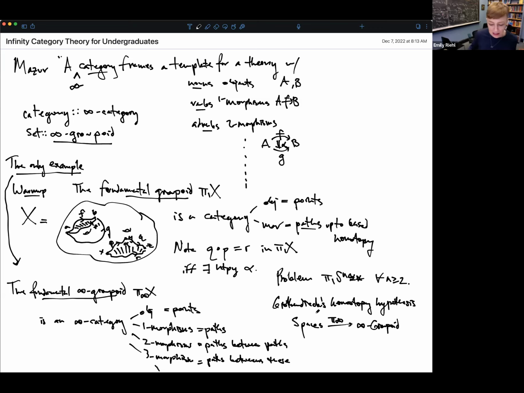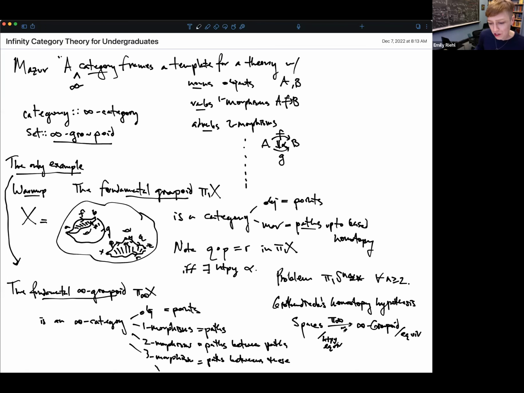There are various things that I can say about this construction. Firstly, if I take spaces up to homotopy equivalence, or maybe weak homotopy equivalence, depending on the point-set topology subtleties, and infinity groupoids up to equivalence, then this is a bijection between equivalence classes of objects on one side and equivalence classes of objects on the other side.